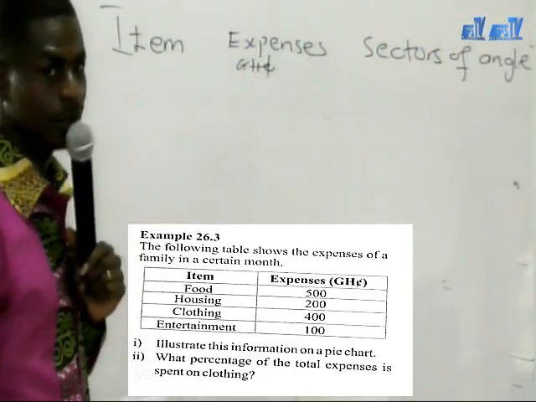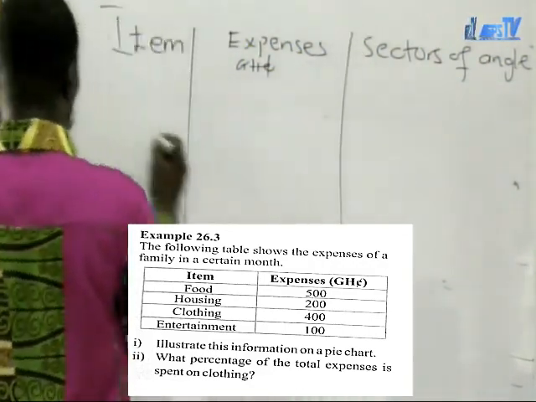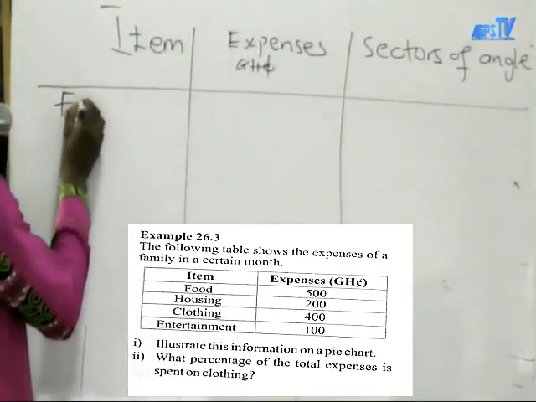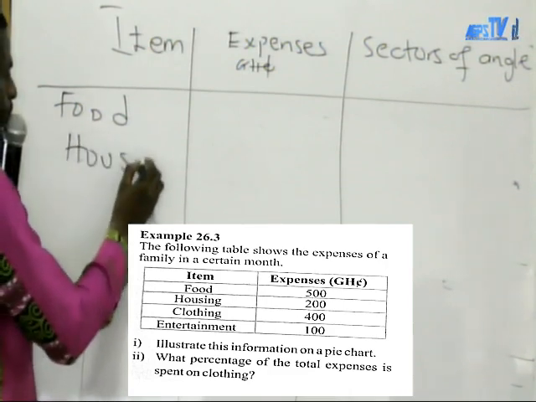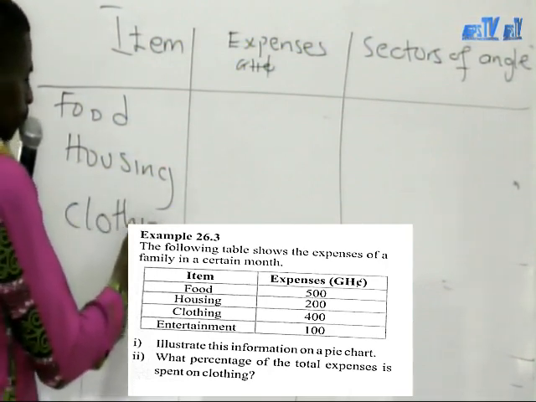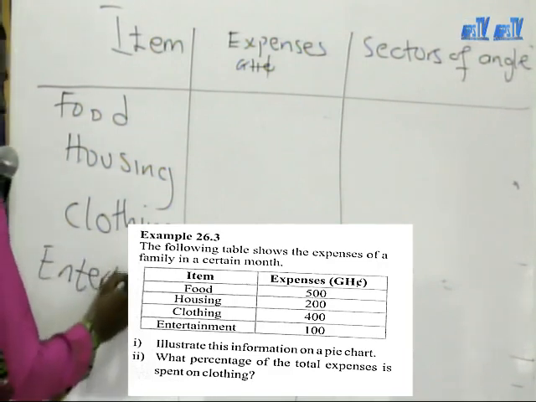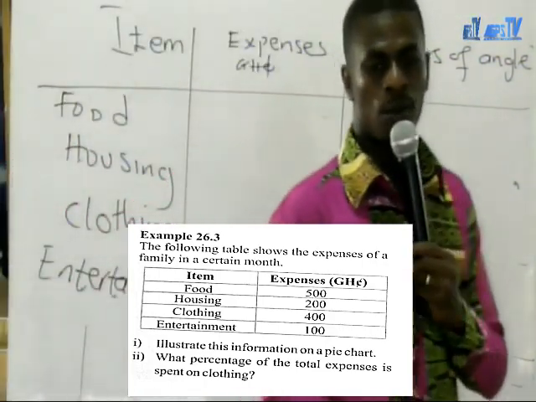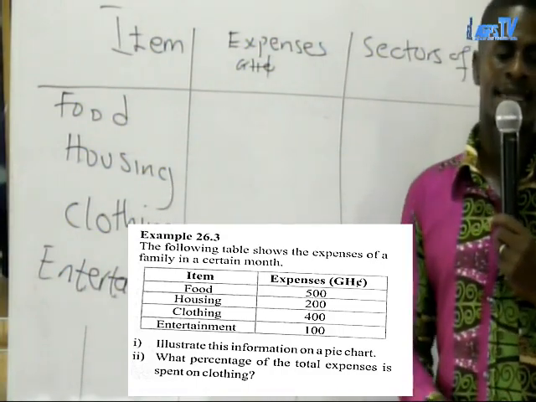sectors of angle. And so we have that. So we have our food, housing, clothing, and entertainment.